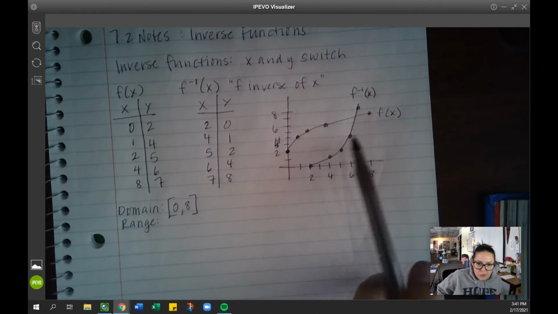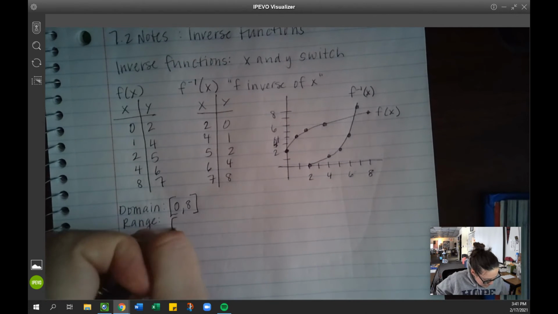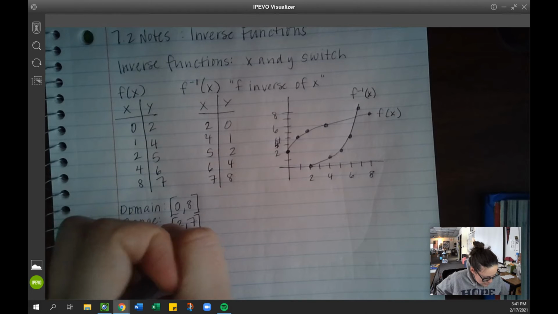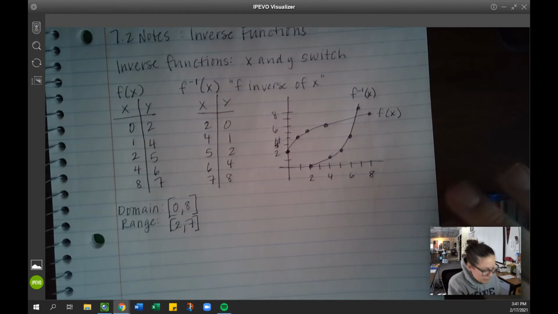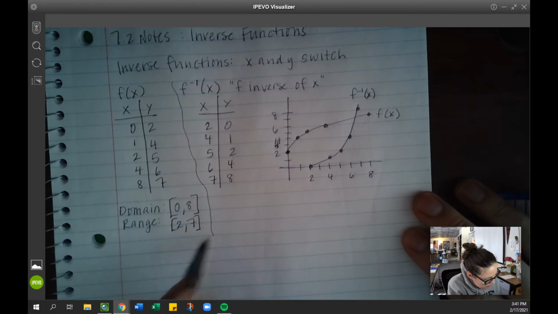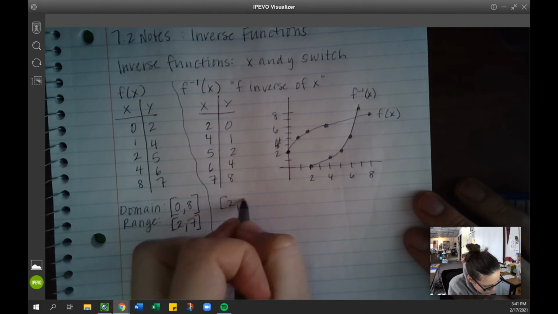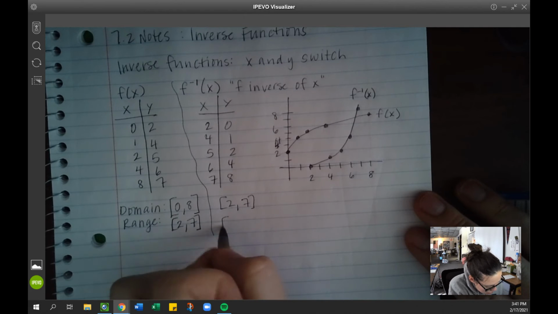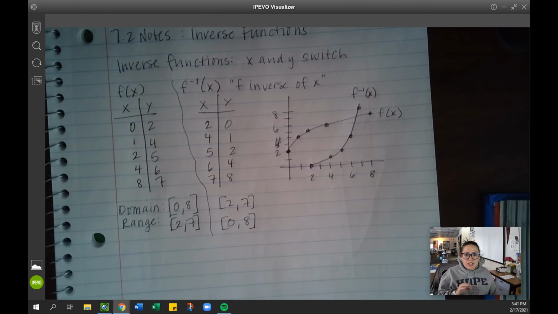So my lowest y value is 2, and my highest y value is 7. So my range is 2 to 7. Now for f inverse, it's flip-flopped. Now my domain is what my range was, and my range is what my domain was. So again, just another example of that x and y switch. The inputs and the outputs switch.